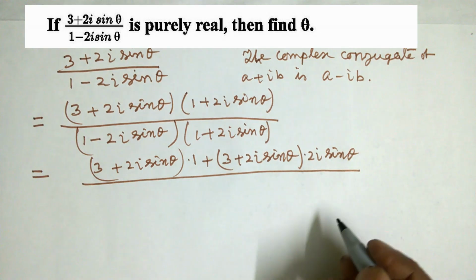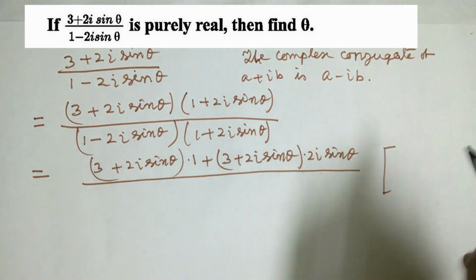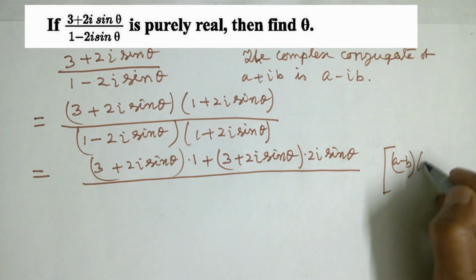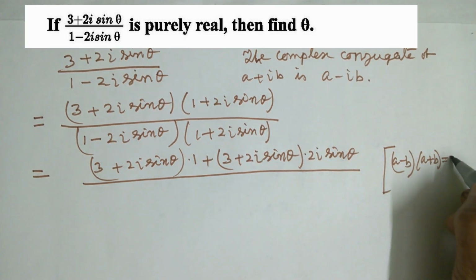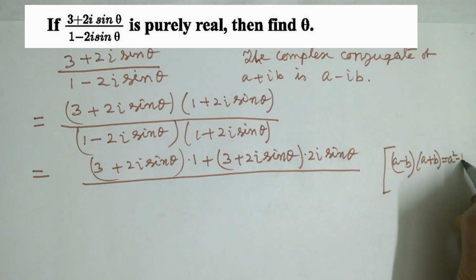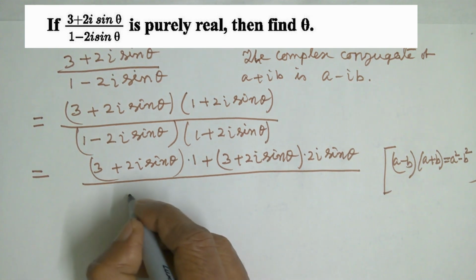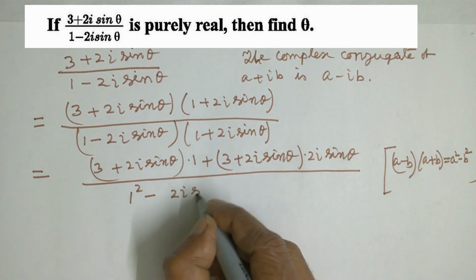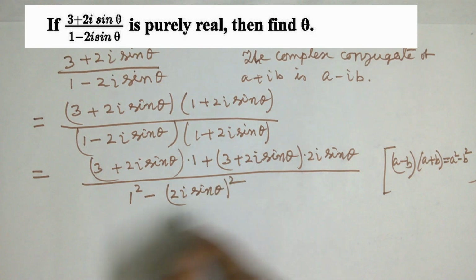In the case of the denominator, use this formula from algebra: (a minus b) into (a plus b) is equal to a square minus b square. So by this formula we write 1 square minus (2i sin theta) whole square.